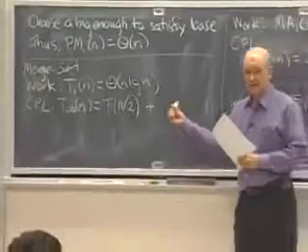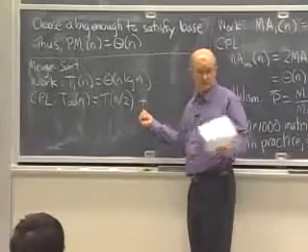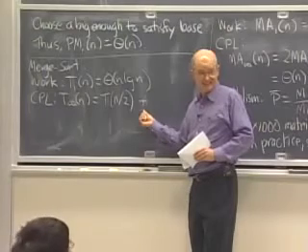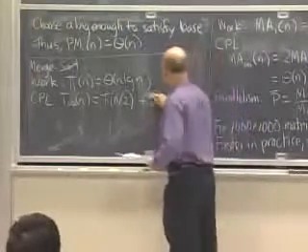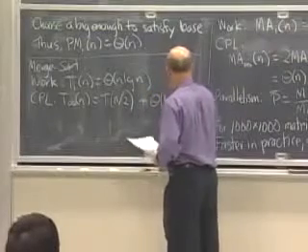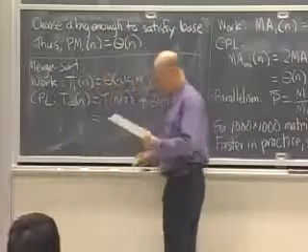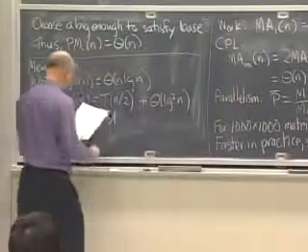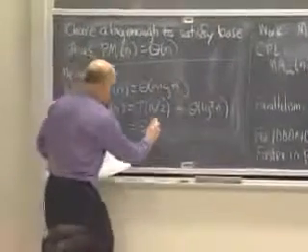Instead, it's log squared n. And so that gives us theta of log cubed n.